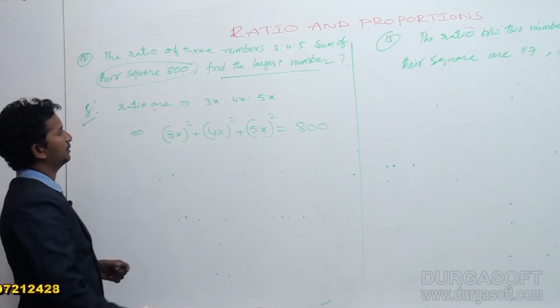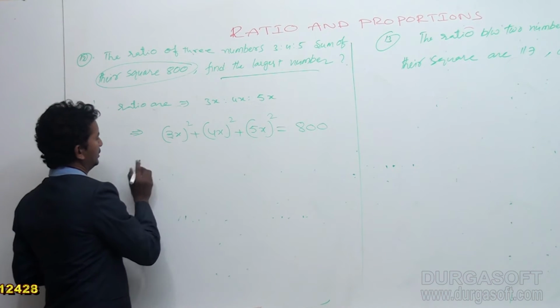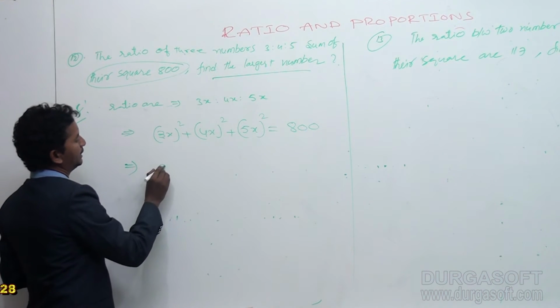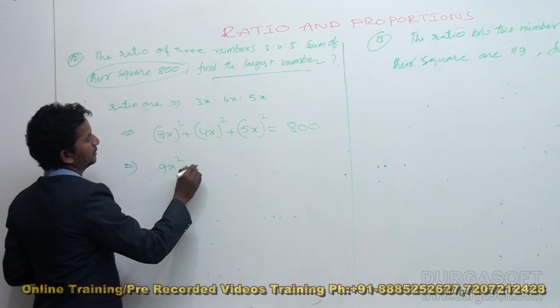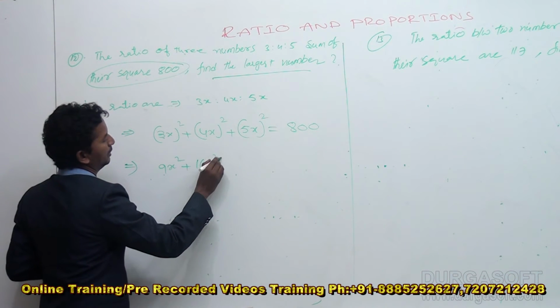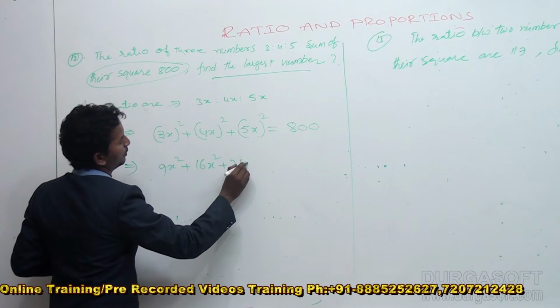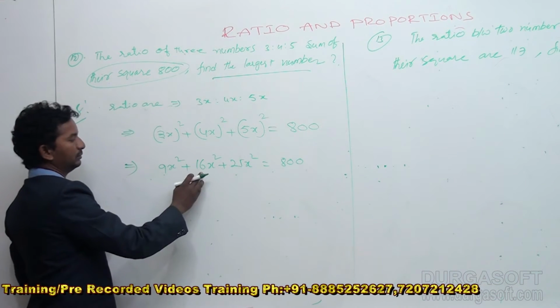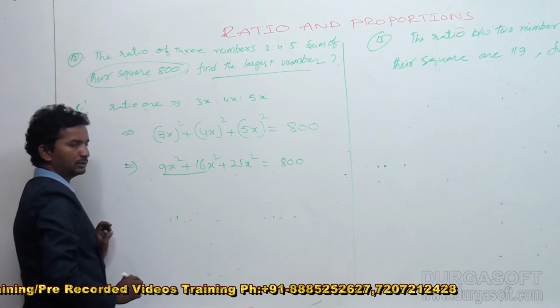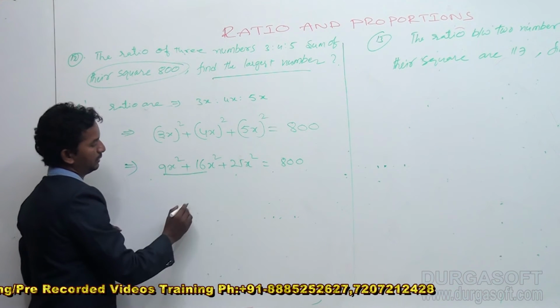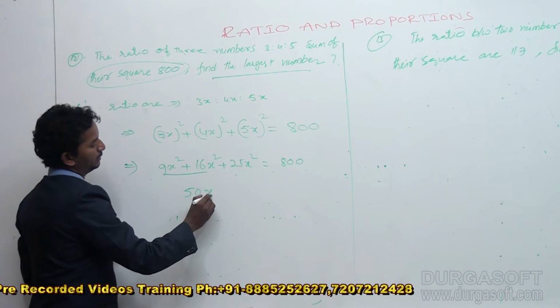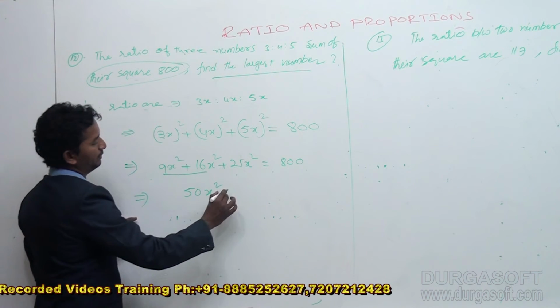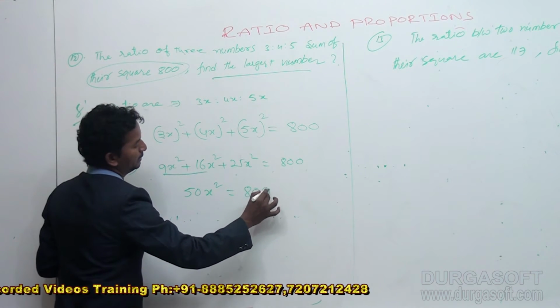Find the largest one. Which one is the largest here? Now I am taking 9x square plus 16x square plus 25x square is equal to 800. Now 9 plus 16 is 25, plus 25 is 50x square. So 50x square is equal to 800.